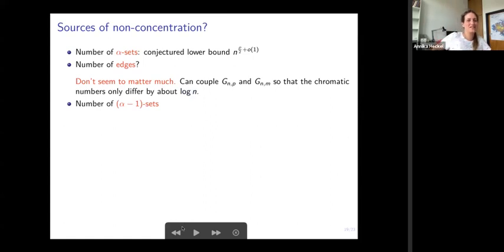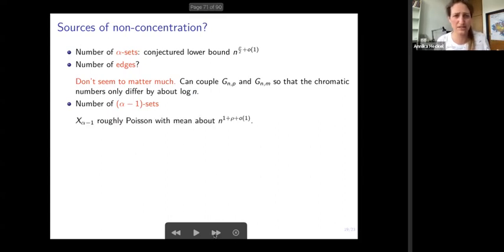Now, a similar thing to the alpha sets also happens with the alpha minus 1 sets. You can work out that the number of alpha minus 1 sets is also roughly Poisson distributed, with mean n to the 1 plus rho. You remember n to the rho is the expected number of alpha sets. So you have n to the 1 plus rho alpha minus 1 sets.